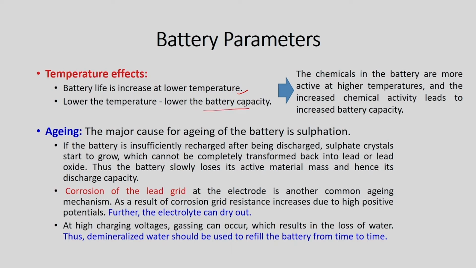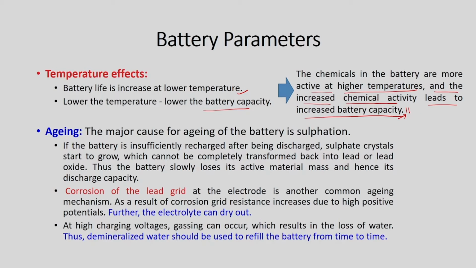What happens is the chemicals in the battery are more active at a higher temperature, and the increased chemical activity leads to increased battery capacity. So, by increasing the temperature we can increase the capacity of the battery, but if we increase it more than a specified value, then it will have a detrimental effect on the battery health.